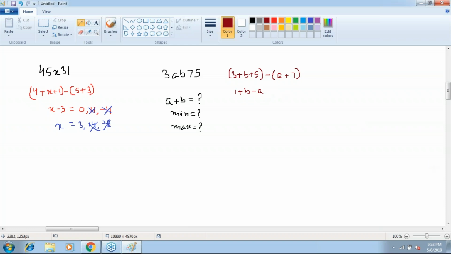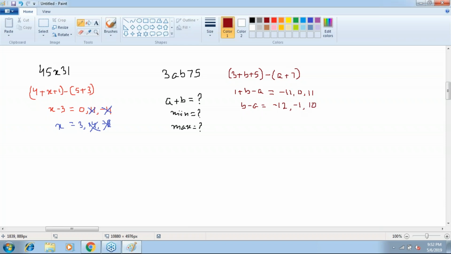Okay, so 1 plus B minus A is supposed to be minus 11, 0, or 11, which means B minus A is supposed to be minus 12, minus 1, or 10.